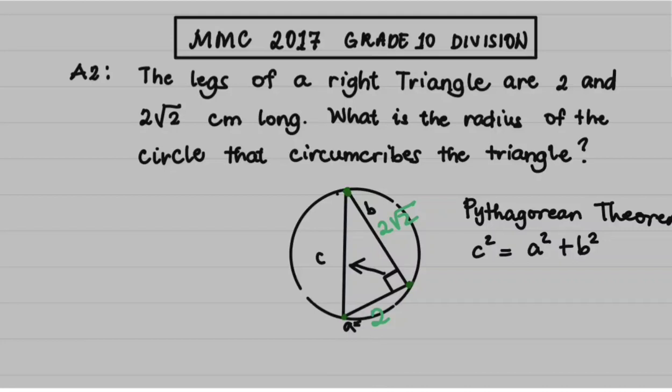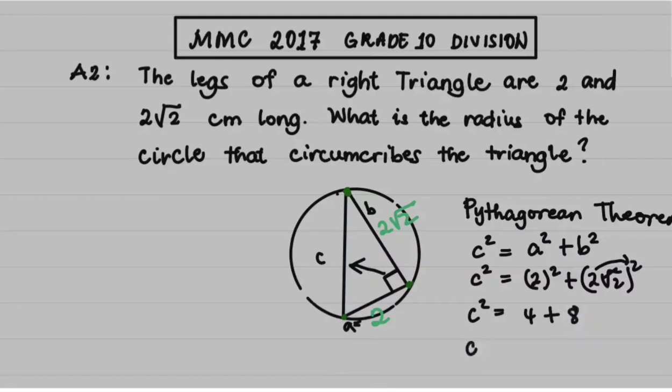Now we substitute all the values we have from the given illustration. c squared will be equal to the square of 2 plus the square of 2 square root of 2. Therefore, c squared is equal to 4 plus, 2 squared is 4 times 2, which is 8.